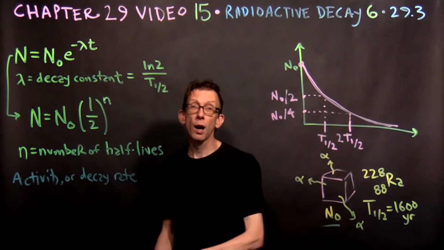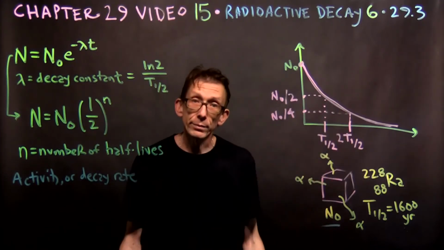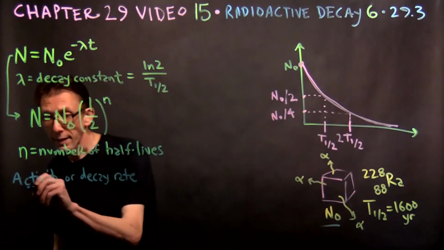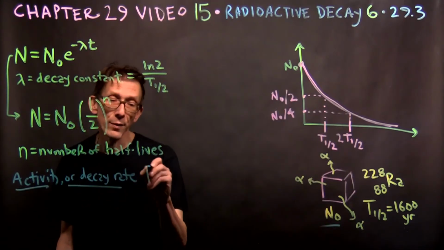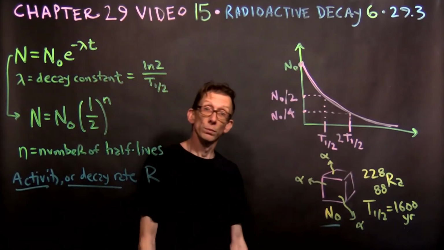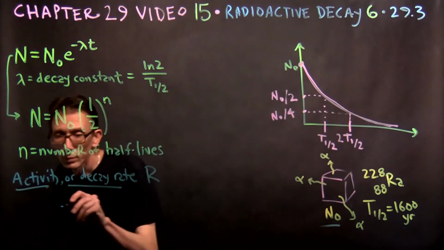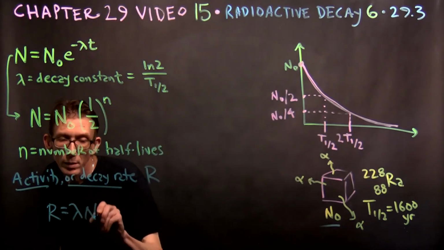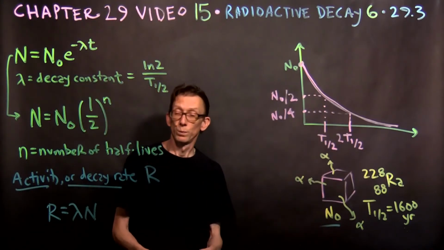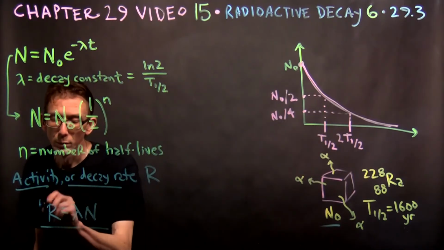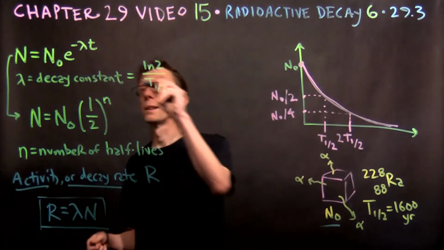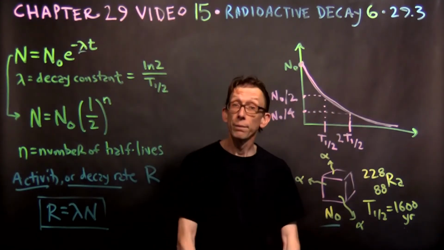As soon as we start the clock, these things start to decay. How many decays do we get per second? That is the activity or decay rate given by the symbol R. And R is equal to lambda times N. That's why lambda is important.